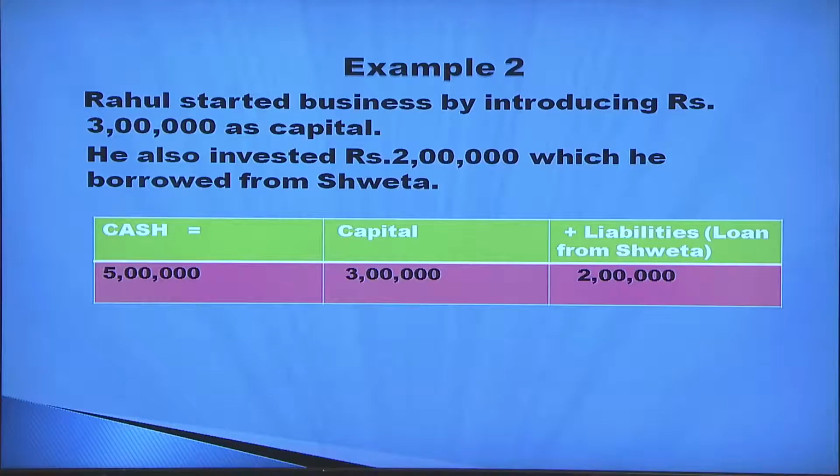So, capital is introduced in the form of cash, rupees 3 lakh plus 2 lakh, that is 5 lakh is coming into the business as cash, with capital 3 lakh and loan 2 lakh. Cash equals capital plus liabilities, that is assets equals capital plus liabilities.